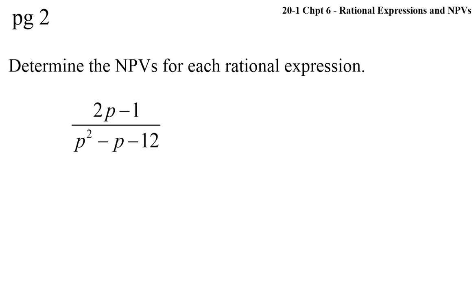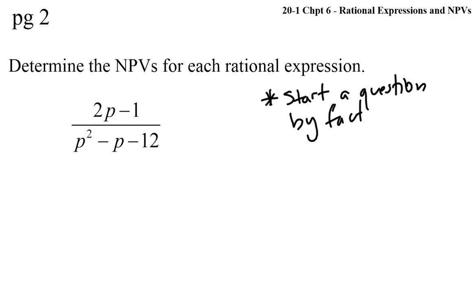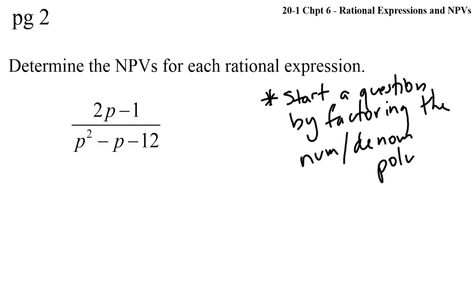But now we get 2p minus 1 over p squared minus p minus 12, this example. Well, now it's not as easy to identify our NPVs, unless what? Well, this whole unit, because we're dealing with polynomials, you'll see, we always start a question by factoring the numerator and denominator polynomials.